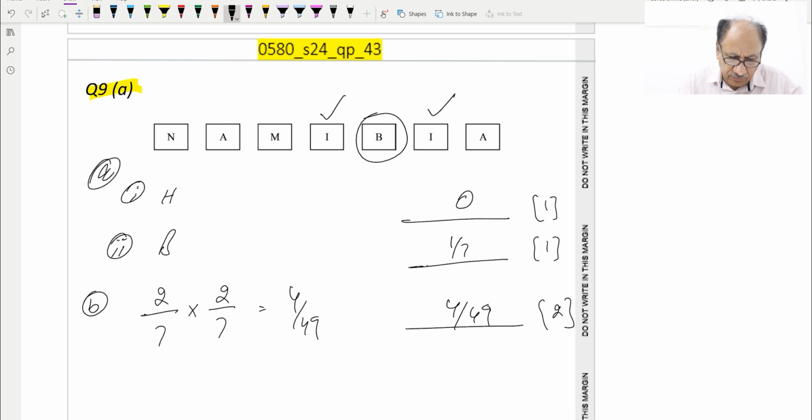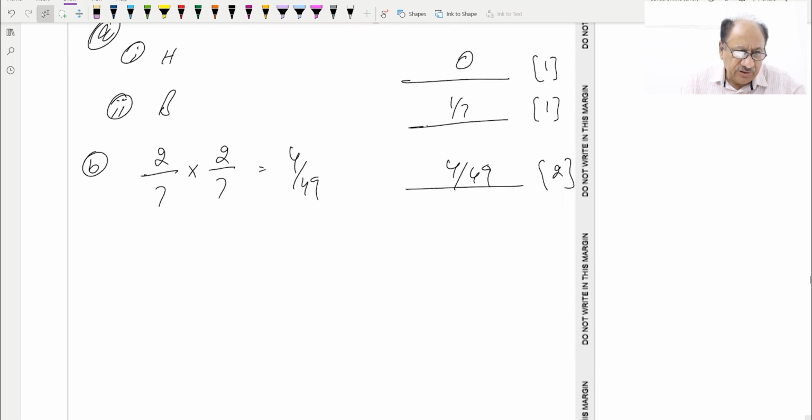Now for C part it says Marcos picks 2 of the 7 cards at random without replacement. Now it is without replacement, and find the probability that one card shows the letter I and the other card shows the letter N. So keep in mind this is without replacement. For I it will be 2 by 7, which we just calculated, and this was 2 out of 7.